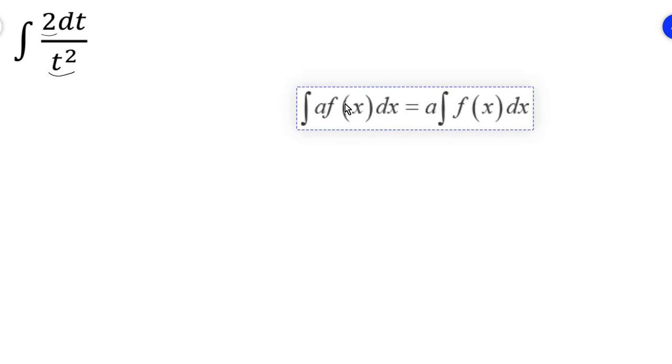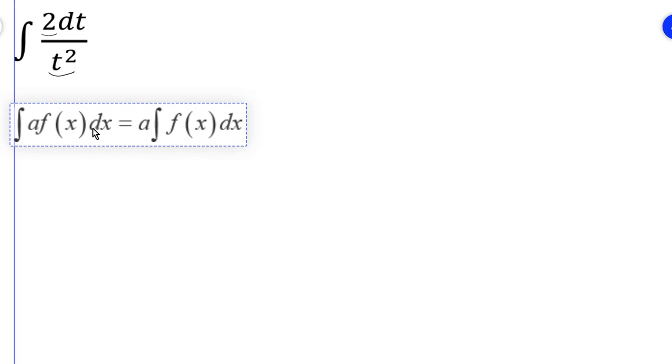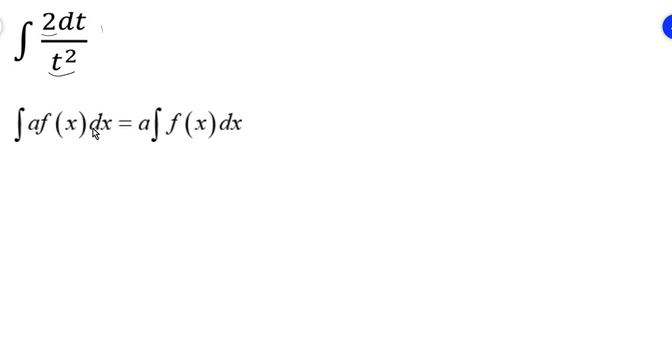First we have this rule, which is going to allow us to get rid of that constant. Using this rule, we have a constant multiplying this function with its derivative, and this is equal to the constant outside of the integral multiplying the integral of the function itself.